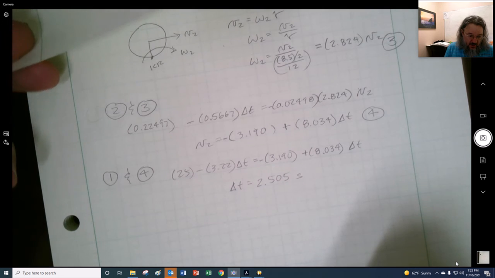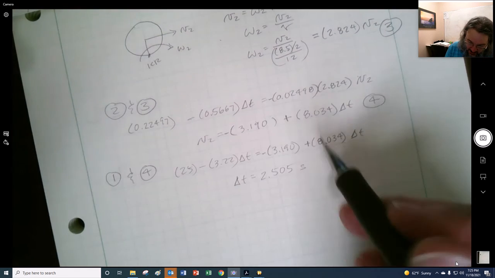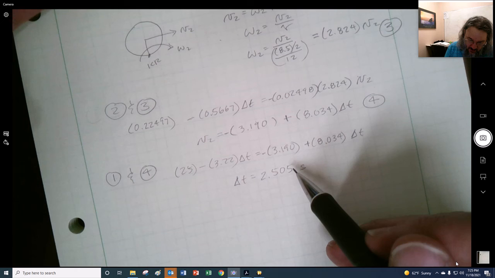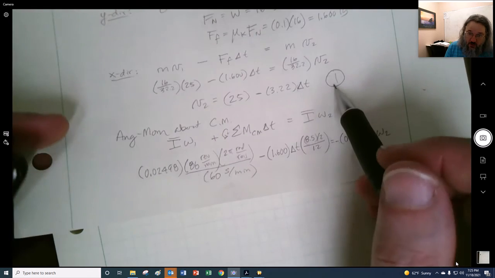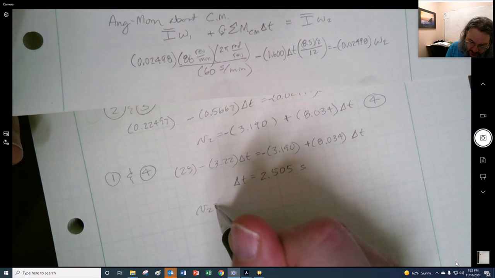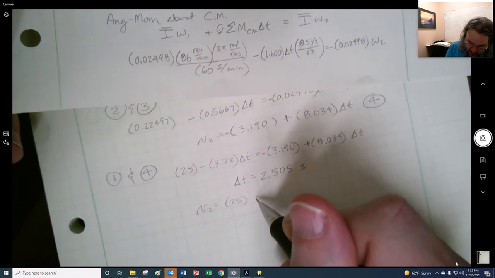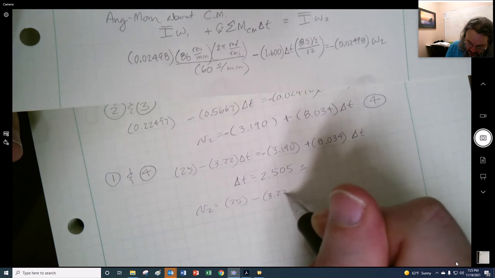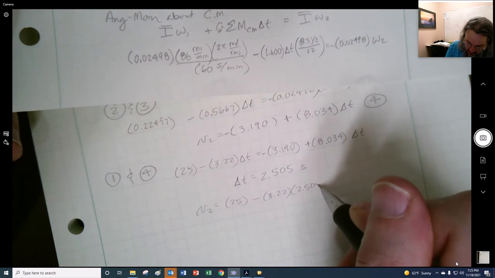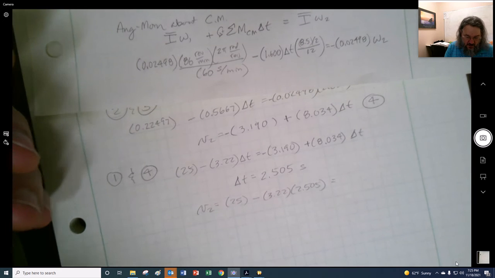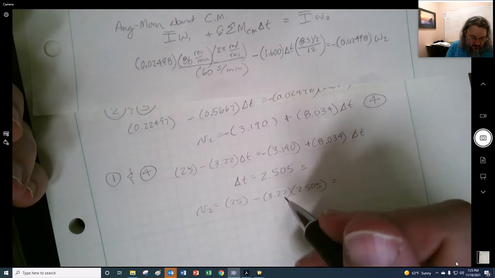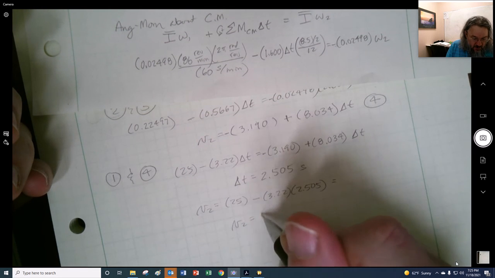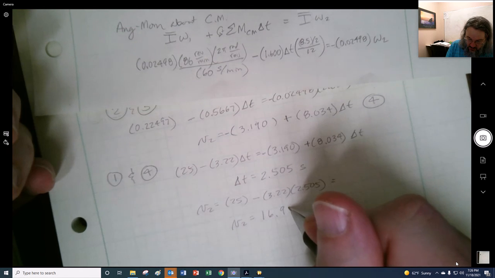That was part A. Part B was the velocity at that time. So you could plug that into either equation 4 or equation 1. I prefer equation 1. So I go 25 minus 3.22 times our 2.505, and so what we end up with, V2 is 16.93.